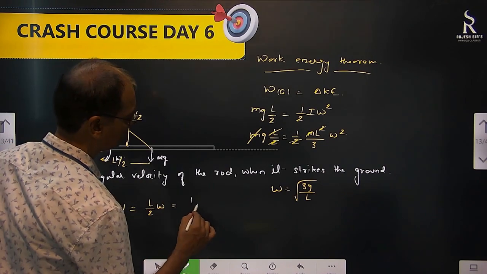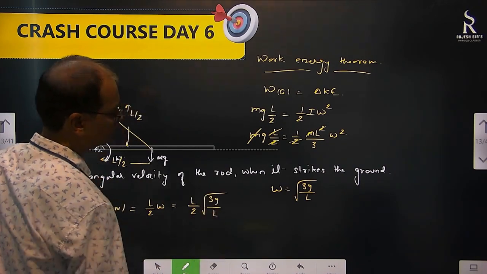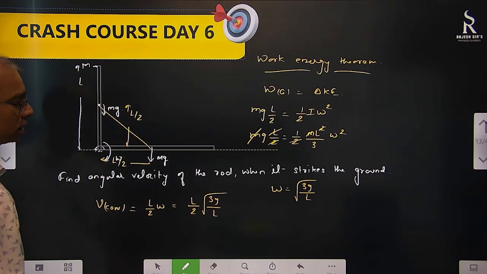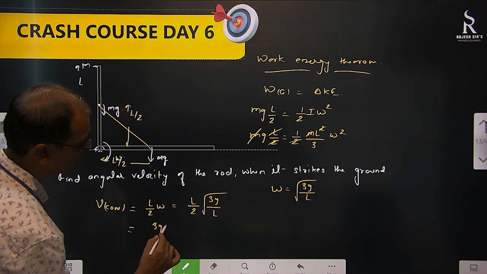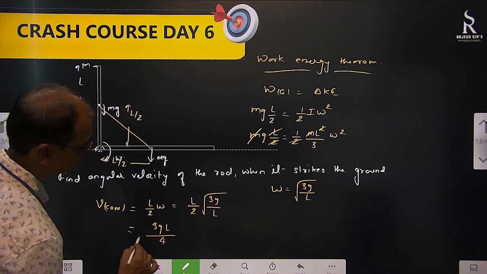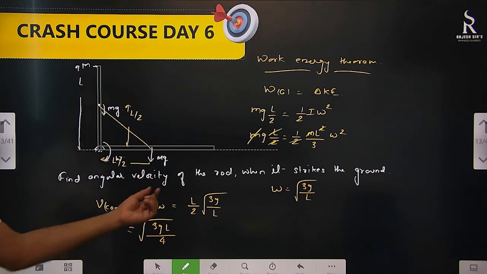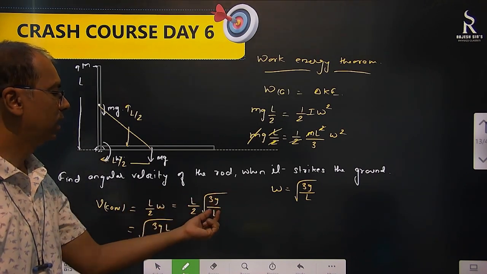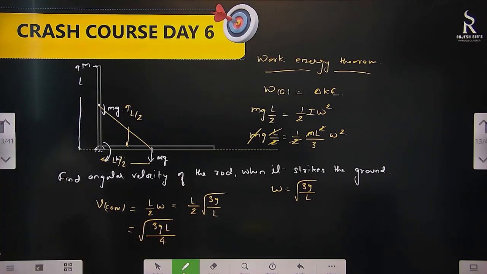Multiply L by 2 into root 3g by L. This is the answer. L by 2 goes inside and becomes L square divided by 4, L and L cancel, so the answer is root 3gl by 4.